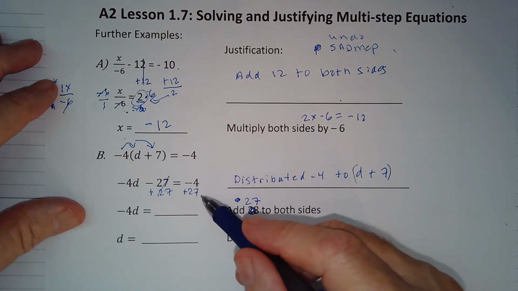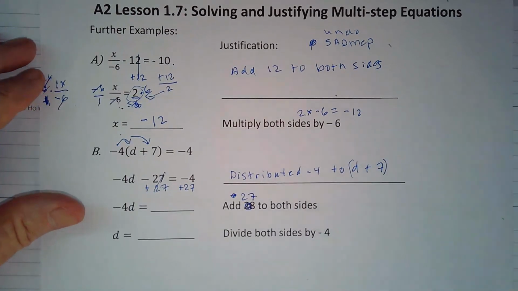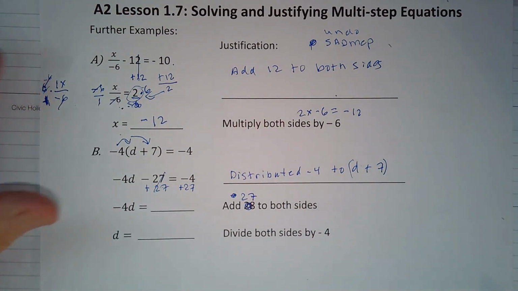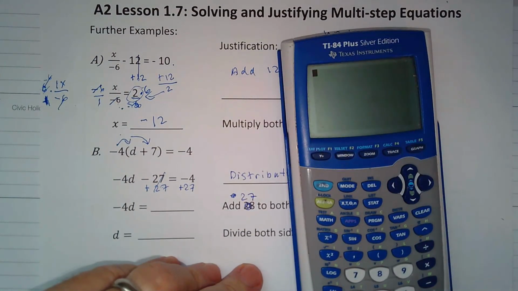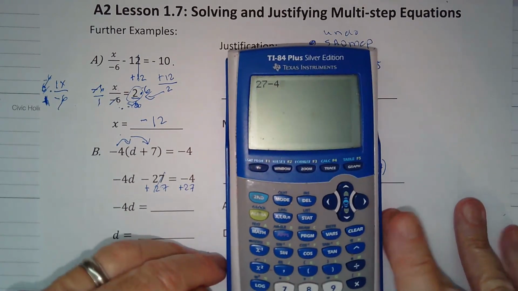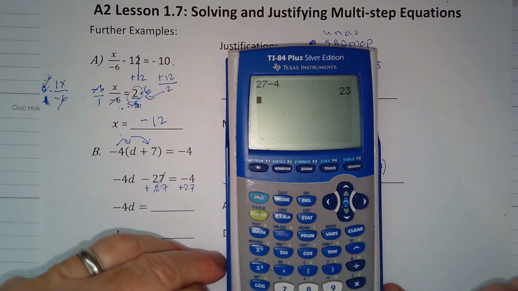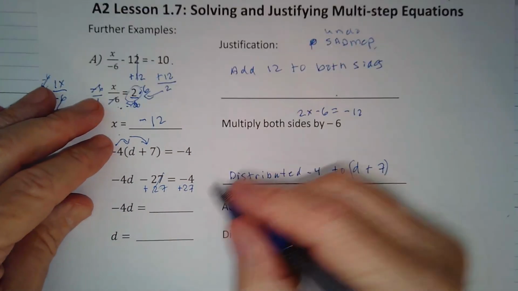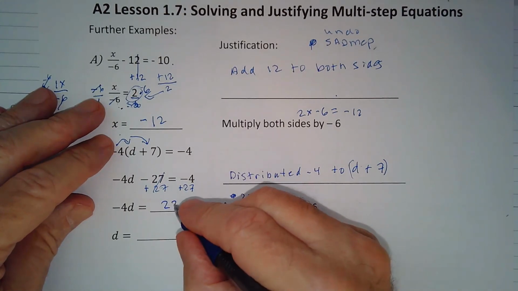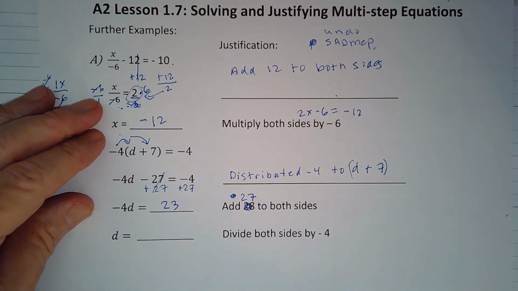But when I add 27 to negative 4, well, again, you know, use your calculator if it's an issue for you. But it's really the same as 27 minus 4, so that's pretty easy. And so you get 27 minus 4 is 23. So you're going to write 23. Okay. All right, and then it says divide both sides by negative 4.